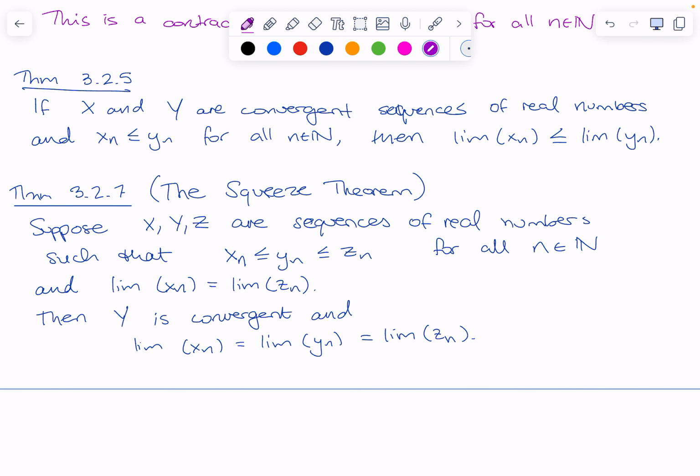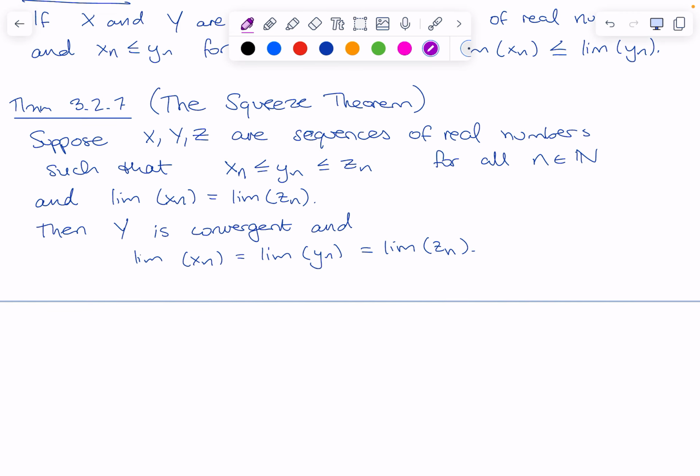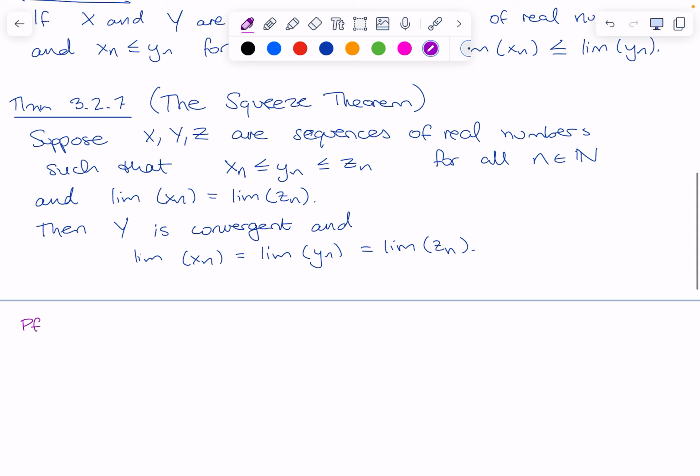Okay. Do you remember the squeeze theorem now? No? Okay. Well, then you were reintroduced to it. Okay. So let's go ahead and prove this.